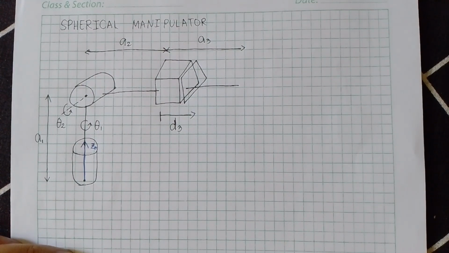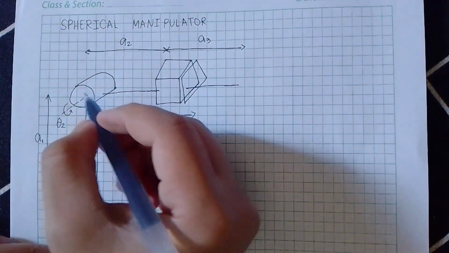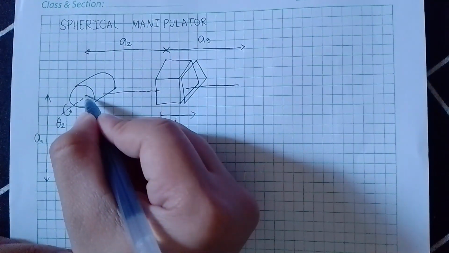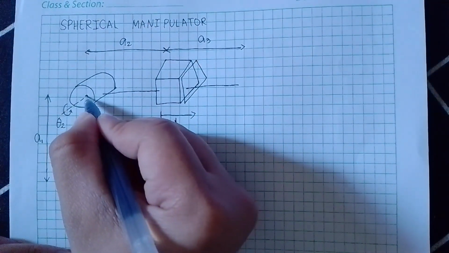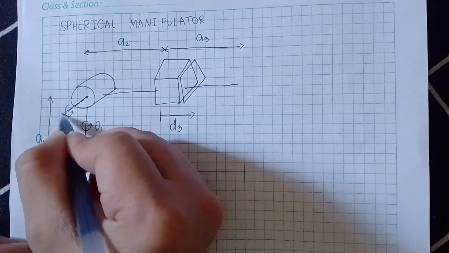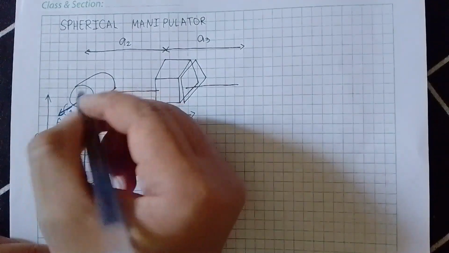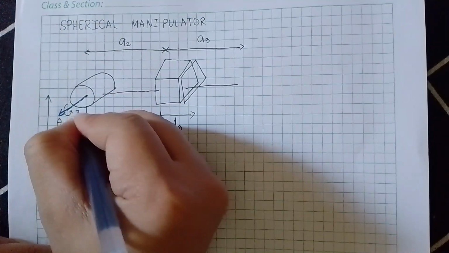Next is z sub 1. The z sub 1 must be pointing left downward. Z sub 1.